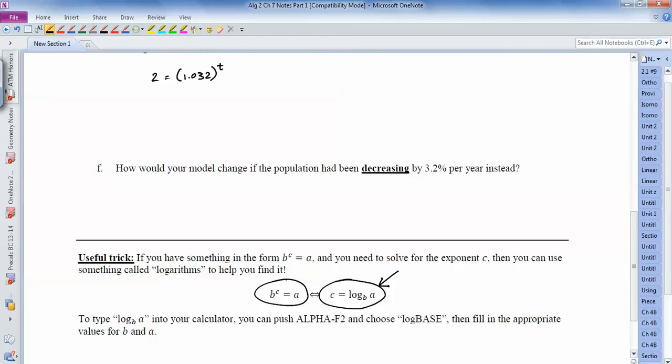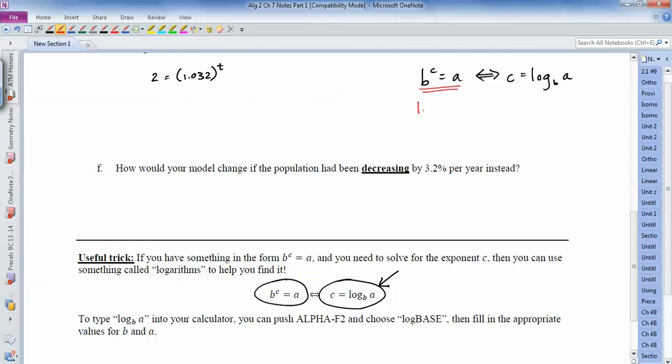The way you read the thing on the right is you say C equals the log base B of A. So if you look up here, I'll rewrite that rule right here. B to the C equals A. That means exactly the same thing as C equals log base B of A. Okay? So in our problem, let me rewrite our problem so that it looks like what's right here.